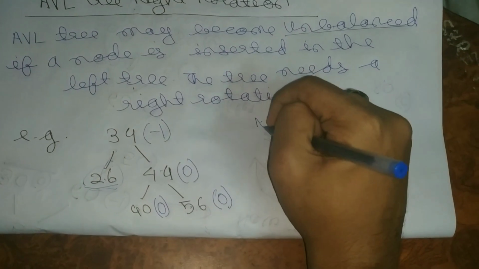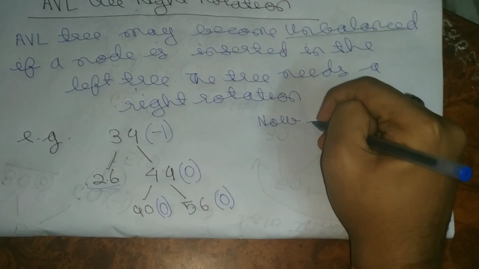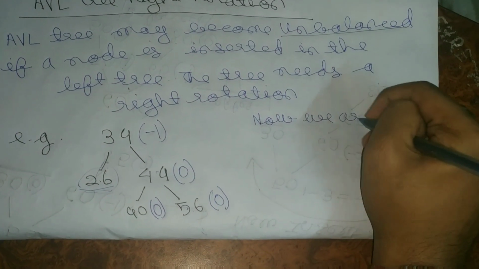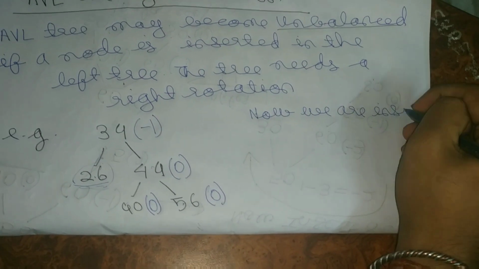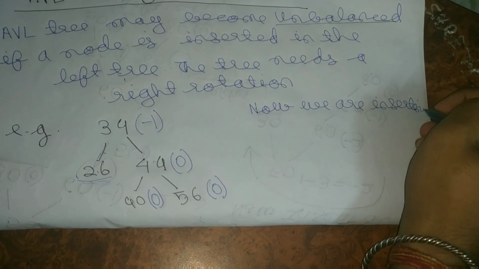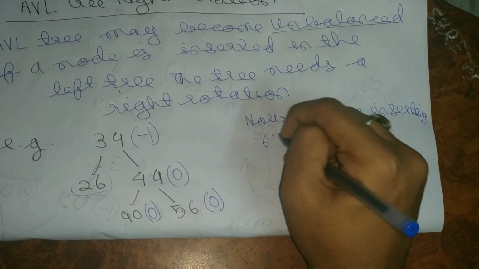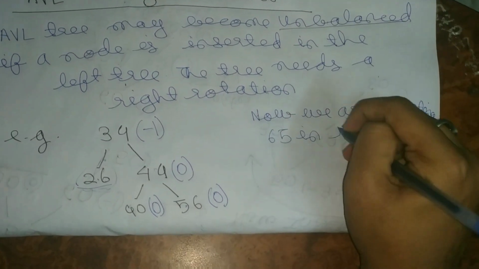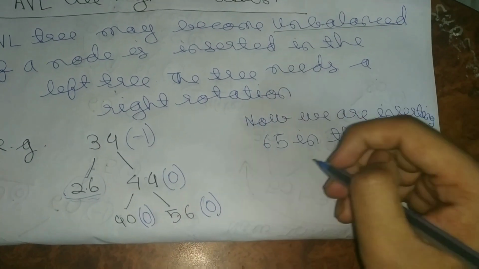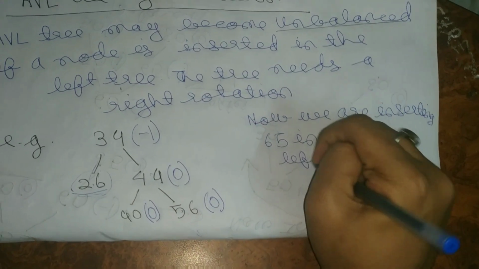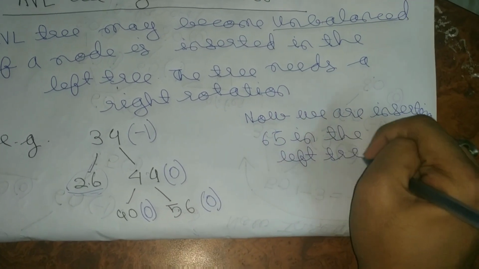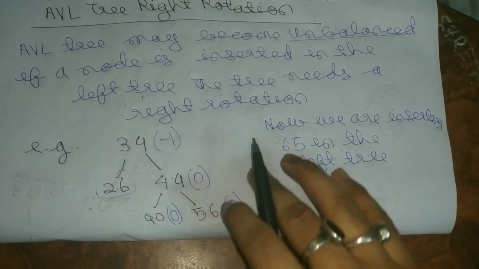So now we are inserting 65 in the left tree. So see, what will it become?